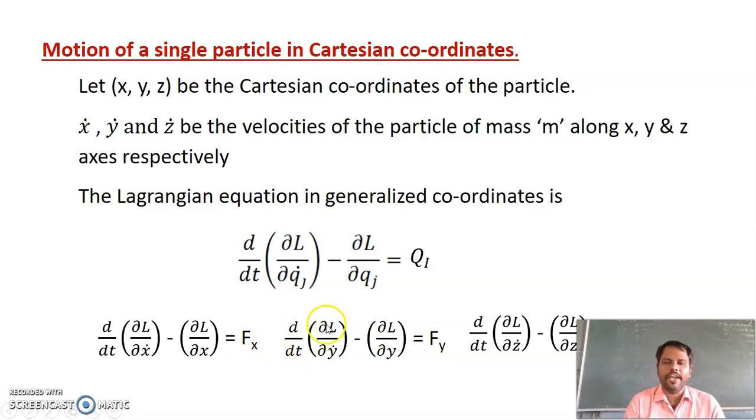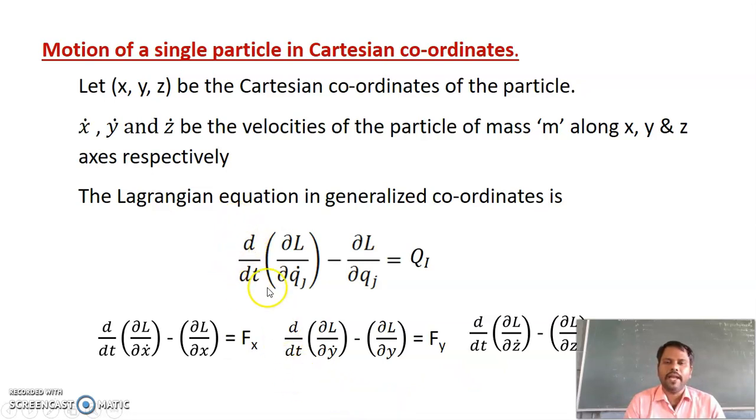Similarly, d by dt of dou L by dou y dot minus dou L by dou y is equal to Fy, the force component along the y-axis. Similarly, d by dt of dou L by dou z dot minus dou L by dou z is equal to Fz, the force component along the z-axis.